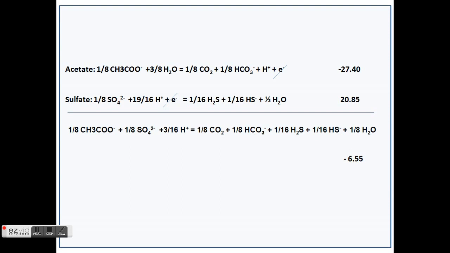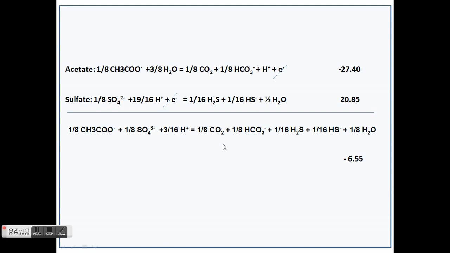So 3 over 8 minus 3 over 16, we would have 6 minus 3. We have 3 over 16. And that is negative charge because 3 over 8 is greater than 3 over 16.